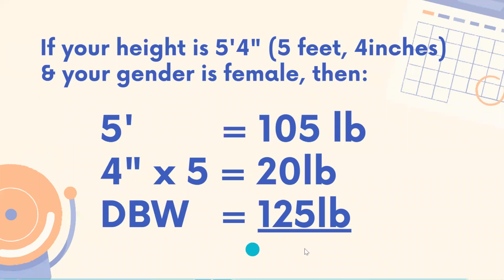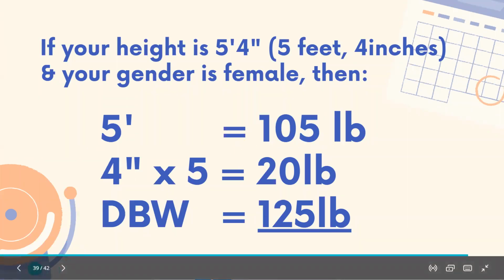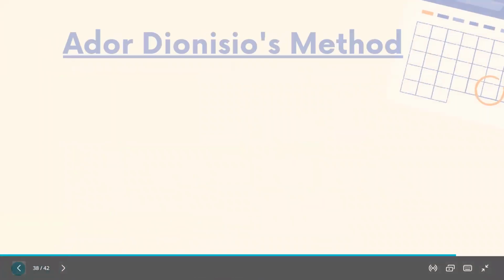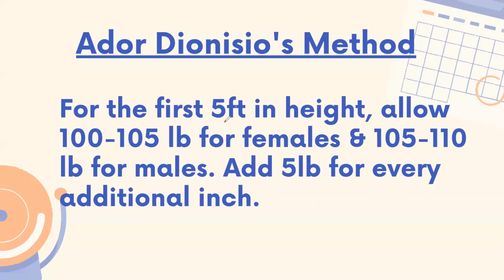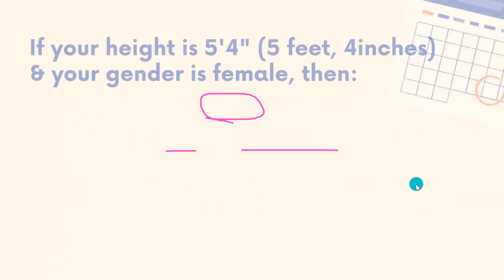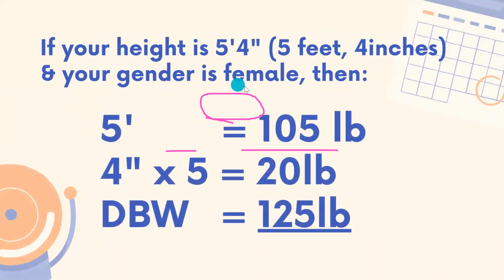So where did you get this answer? So let's go back here. So for the first 5 feet in height, allow 100 to 105 pounds for females. So it says here, female, with 5 feet and 4 inches height.